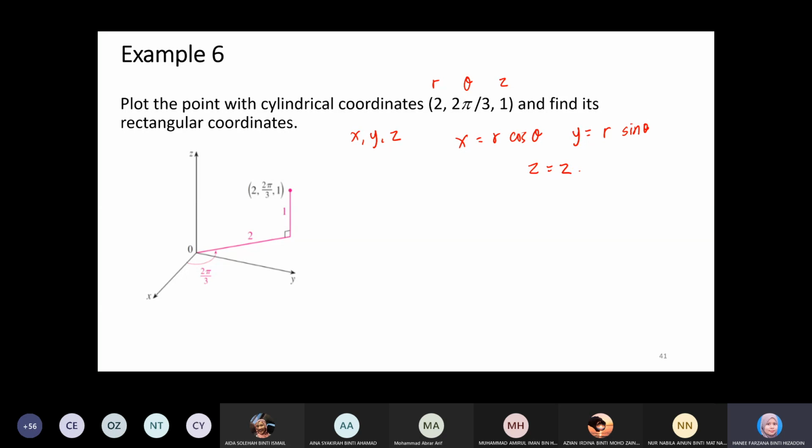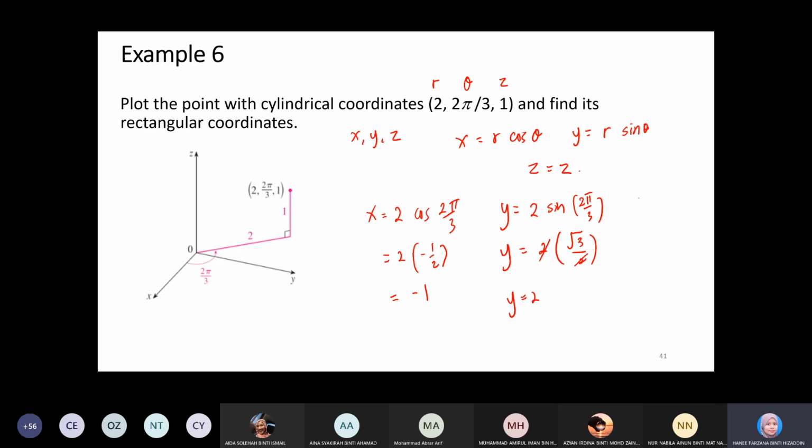Now your r is 2, so x equals r cos theta, with r is 2 and theta is 2 pi over 3, so cos of 2 pi over 3. That will give you 2 times -1 over 2, and that will give you -1. y equals r sin theta, r is 2, sine of 2 pi over 3 is root 3 over 2.